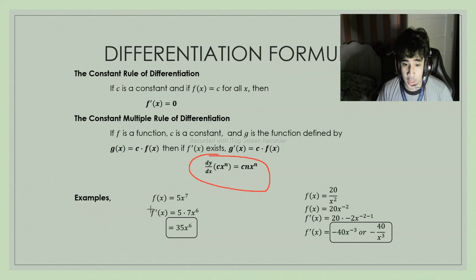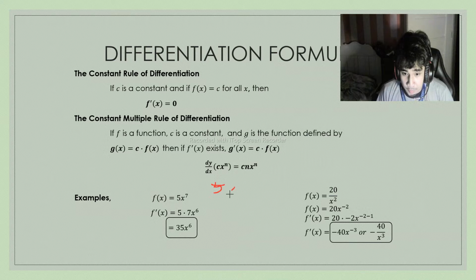So, let's take a look at this example. 5x raised to 7. So, first things first, merong minus 1 dyan sa may exponent. So, ang mangyayari, ang mangyayari, 5x raised to 7, yung 7, ito times mo dito kasi naka-indicate, and times c.